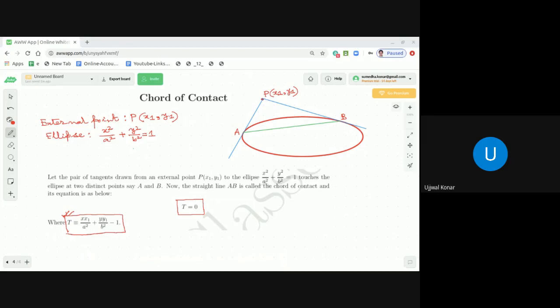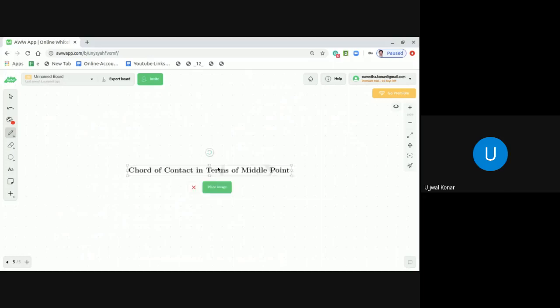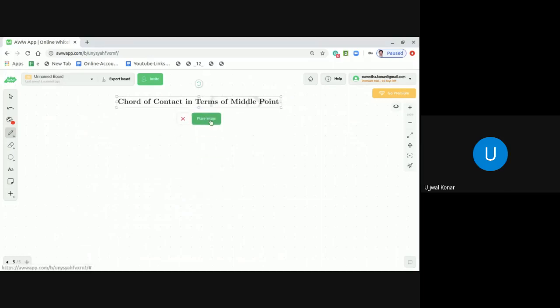Let me first explain the significance of this statement by means of a visual representation, and then we are going to find the corresponding equation of the chord of contact in terms of a middle point.